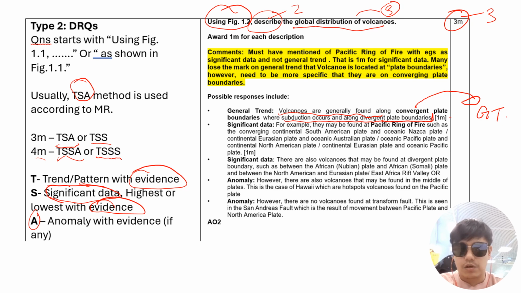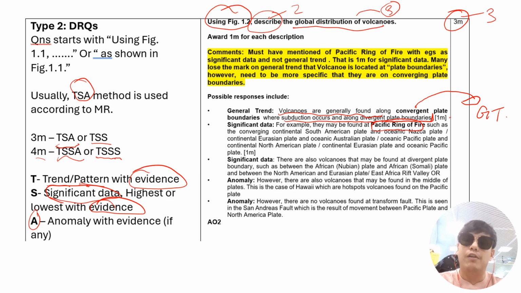Next we talk about the significant data. So for volcano distribution, you would have learned that most of these volcanoes are found near the Pacific Ring of Fire. You need to be able to cite or give specific data. Where are the plates that are involved in the Pacific Ring of Fire?